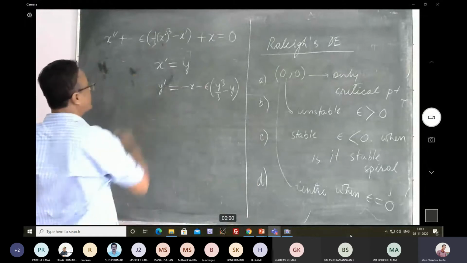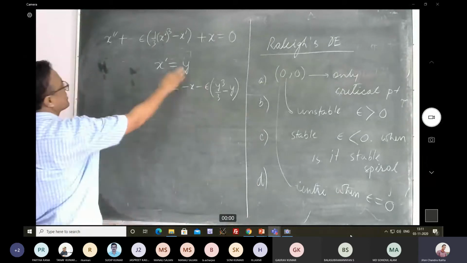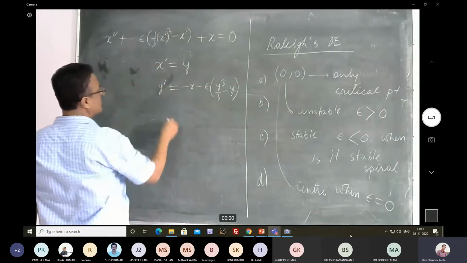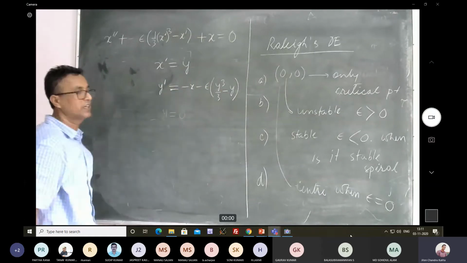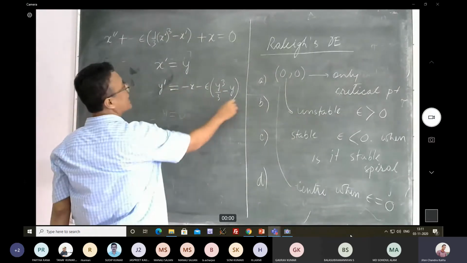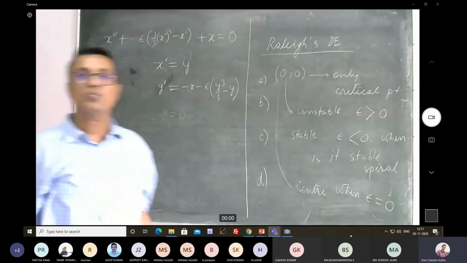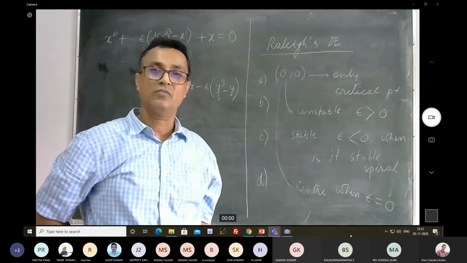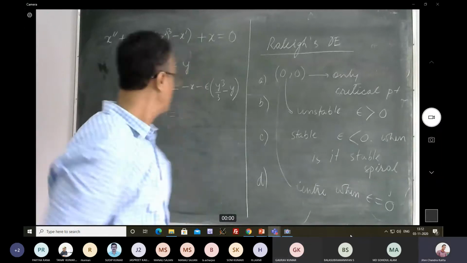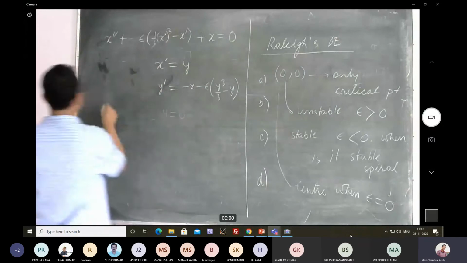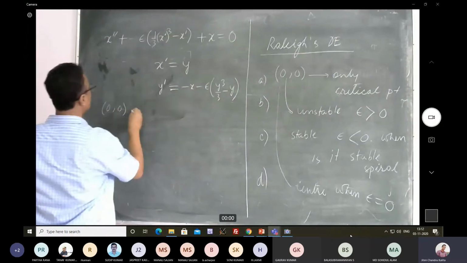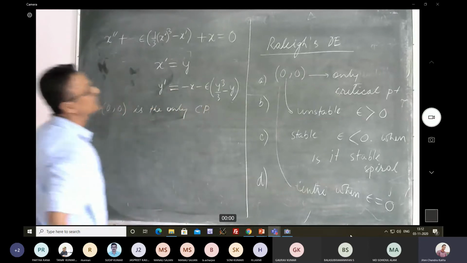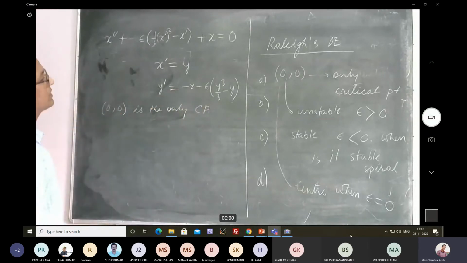Now if I plug in the right hand side equal to 0, from the first one y is going to be equal to 0, and in the second one, if you plug in the value of y, you get x equal to 0. Is it okay with everybody? So we have already found out that 0, 0 is the only critical point.